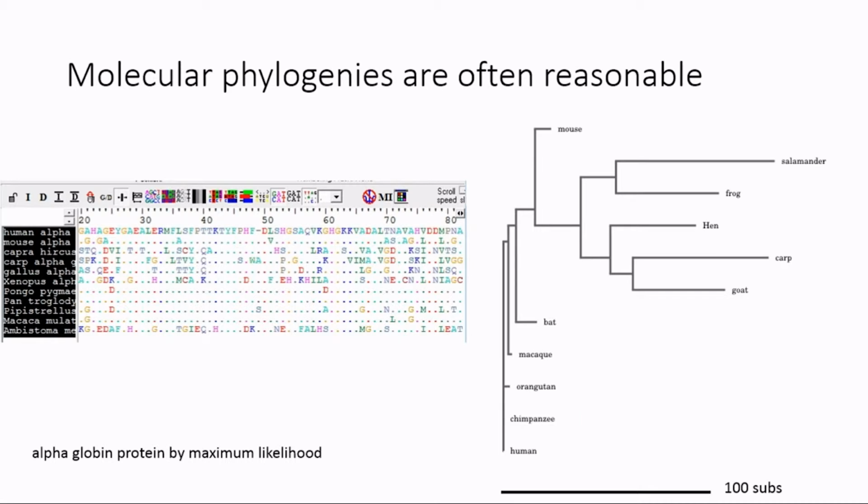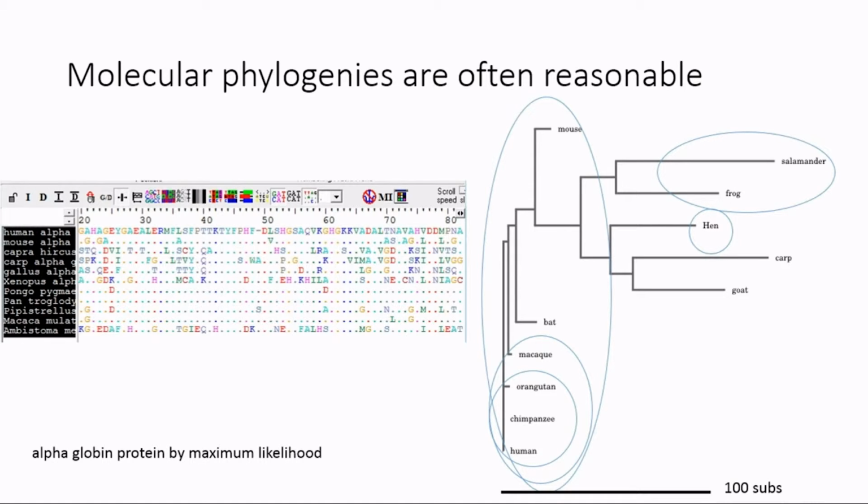So, for example, the great apes, humans, chimps and orangutans are all very closely clustered together, and the next closest relatives is a primate, and then the next closest relatives are the other mammals, and the amphibians are grouped together separately, and the bird is separate, and the fish is separate.